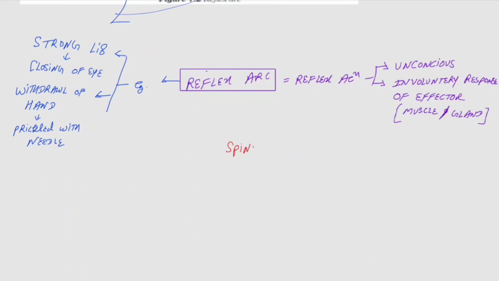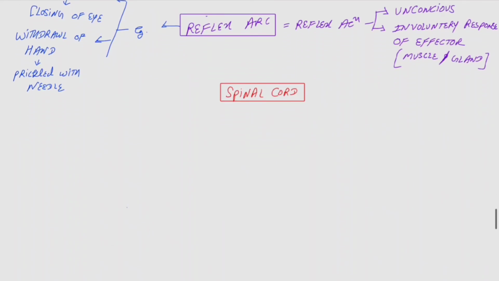Suppose this is the spinal cord, because reflex action or reflex arc is done by the spinal cord. Stimulus, like pain, touch, light, etc., is sensed by the sensory receptor.